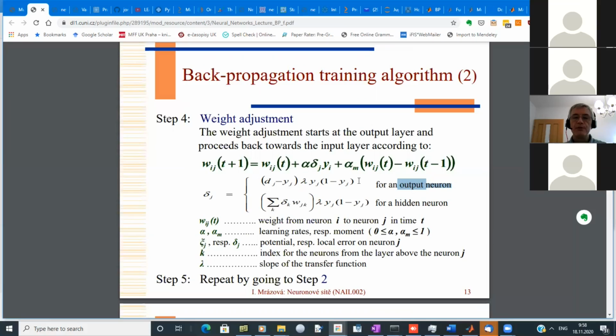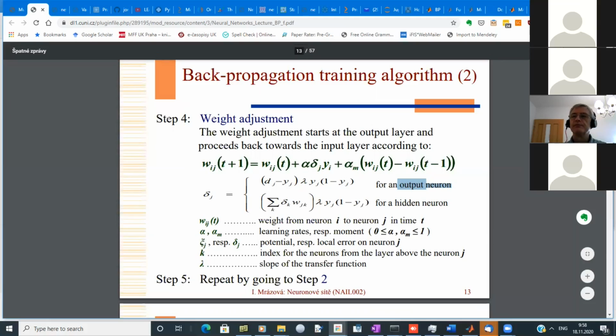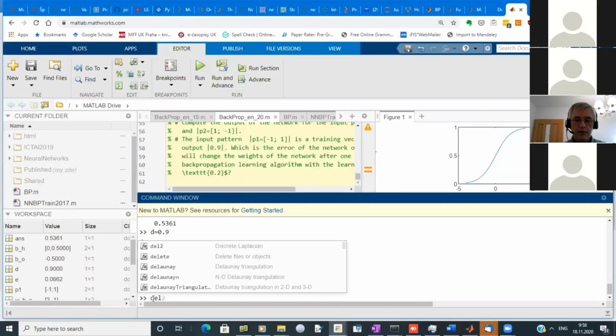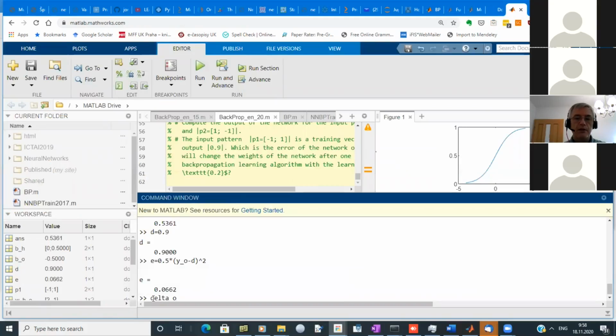Please compute delta on the output neuron. I would like you to compute something like delta underscore O, an expression which computes the delta term on the output neuron.